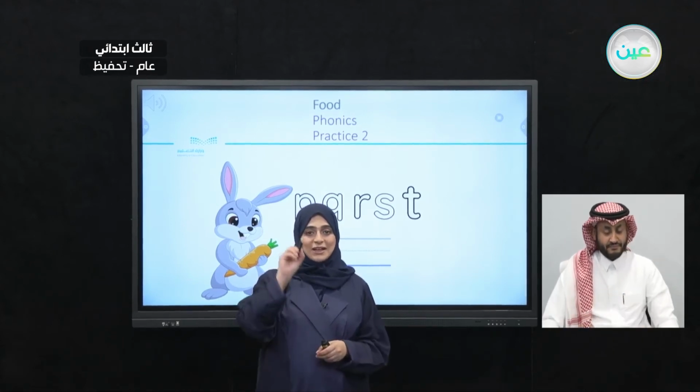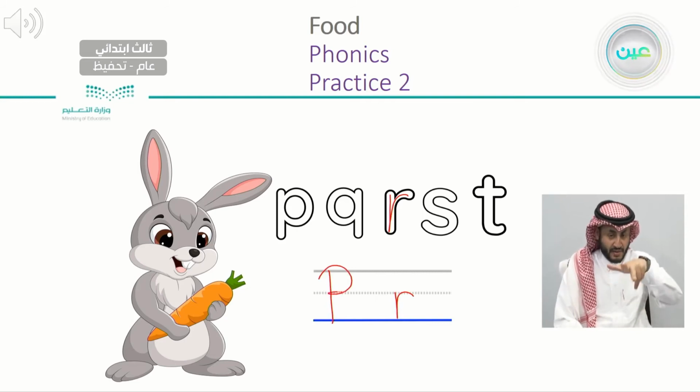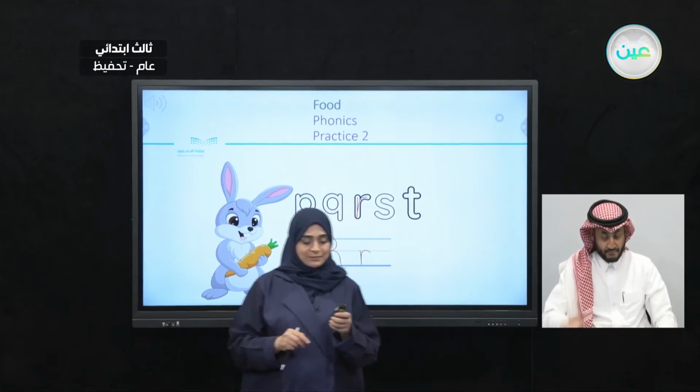It starts with a letter R. Let's write lower and uppercase R. So this is lowercase r, and this is uppercase R. Do they look the same? No, they look different, right? This is one of those letters that look different in uppercase and lowercase. Let's continue.